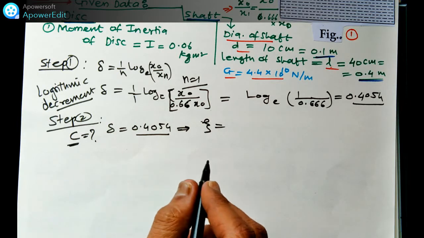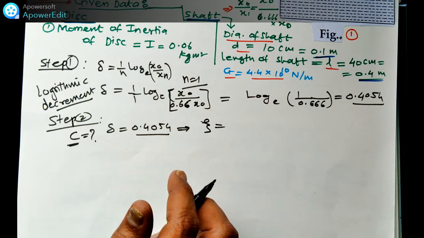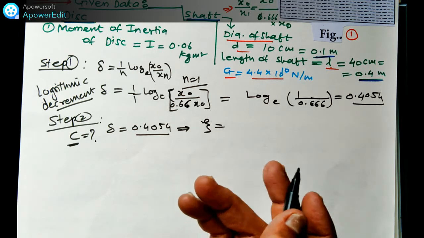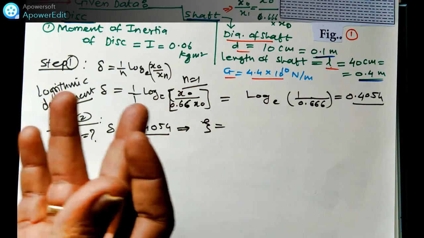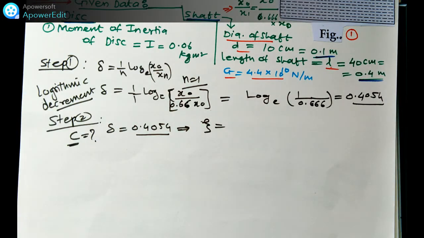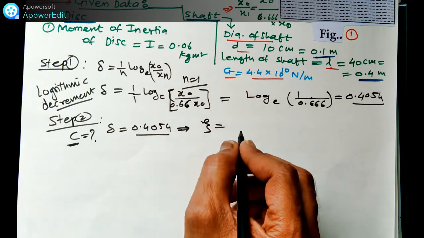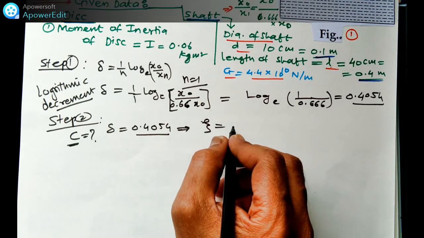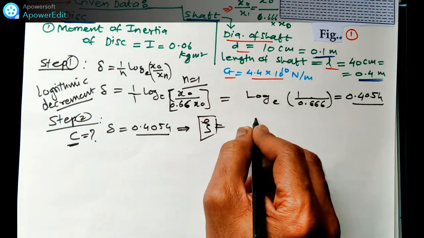What is the formula for this C? C we can calculate by using our regular formula, or by using Zeta also we can find it out. But for this purpose we have to find out Zeta. How can we find the value of Zeta? By using the value of del.